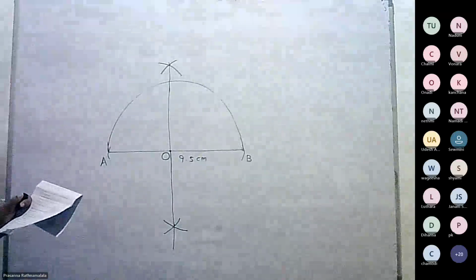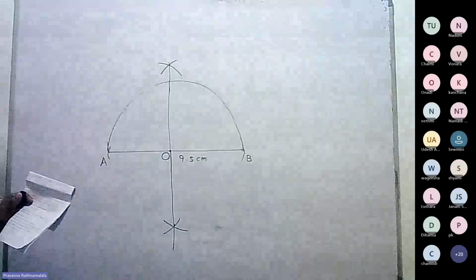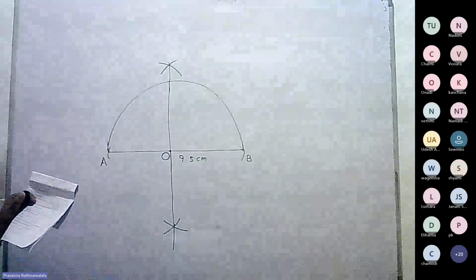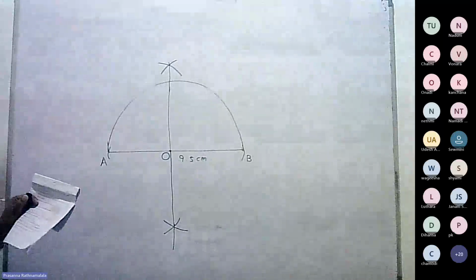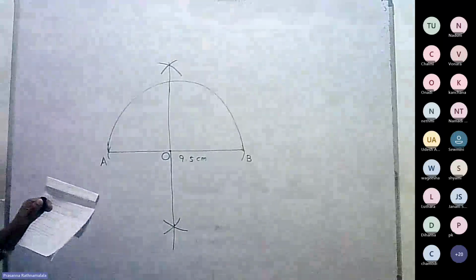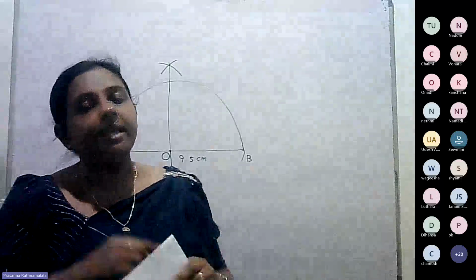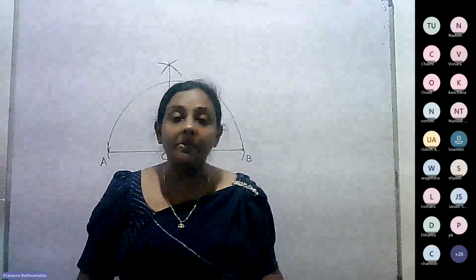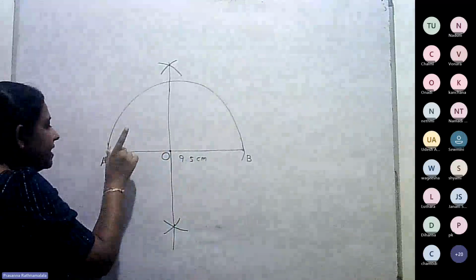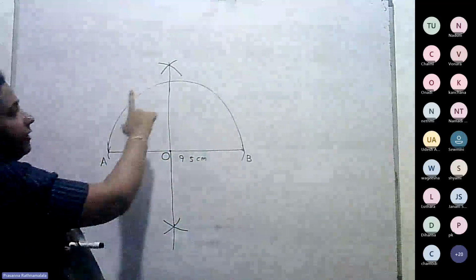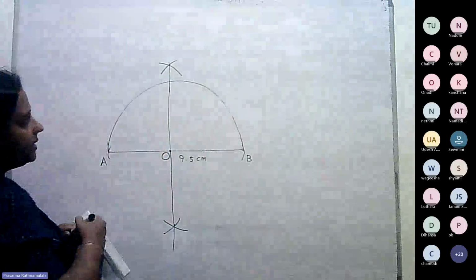Next one. Mark the point C on the semicircle such that AC equals 8.5. Construct the tangent to the circle. Then for AC, you have to take 8.5 centimeters on the pair of compasses and place the iron end at this point A, and draw an arc to cut this semicircle.